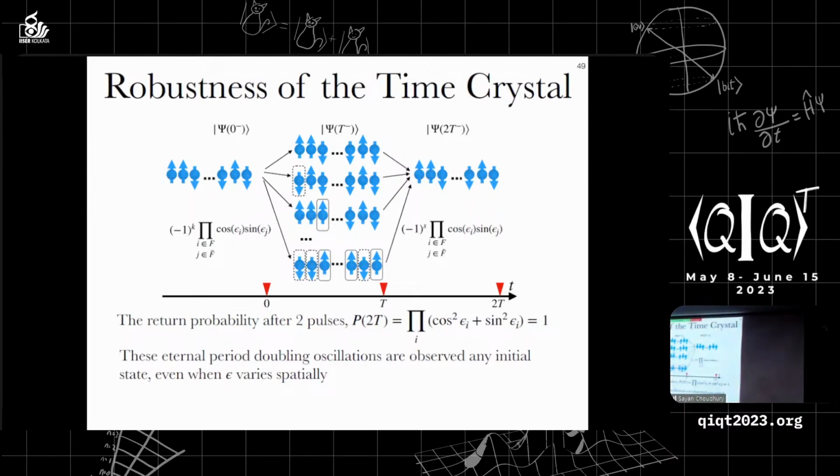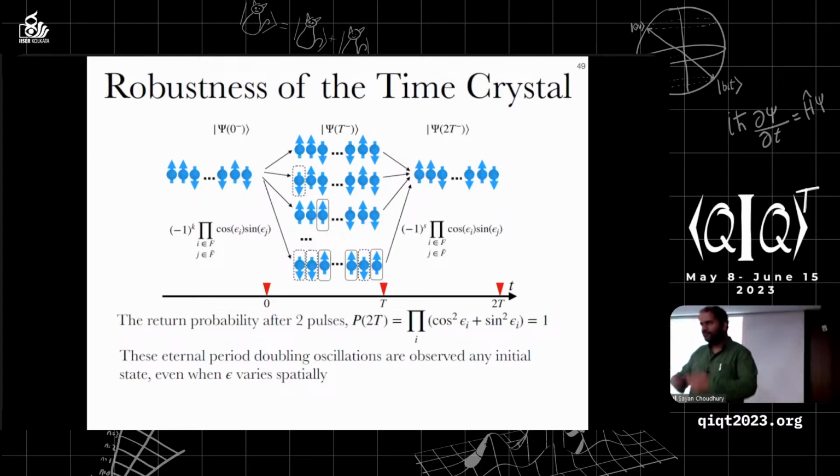So this is kind of reminiscent of a spin echo in many ways, where you get back your initial state, but where the thing is done via interactions. So this eternal period-doubling oscillation, you can observe for any initial state.